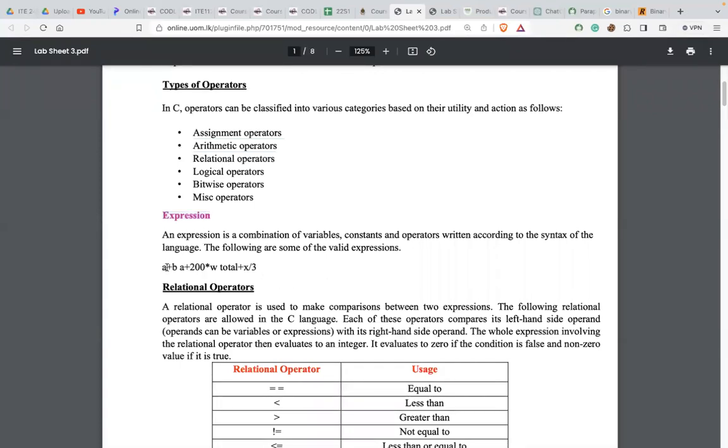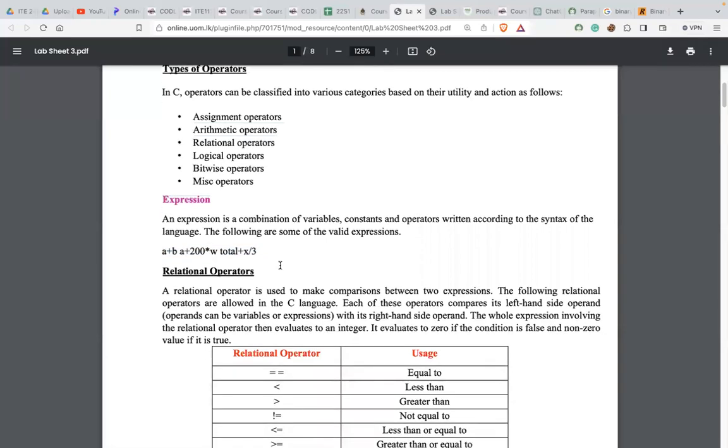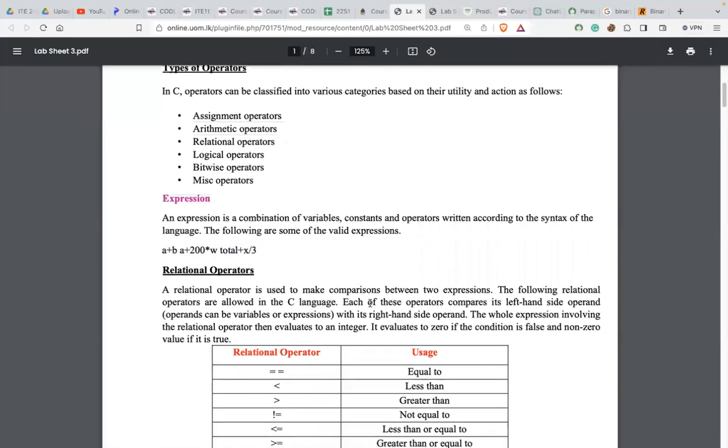So these are some examples of expressions. Here you can see A plus B. This is one expression. This is another expression. That means A plus B: A is a variable. It can be integer, float, double, whatever.